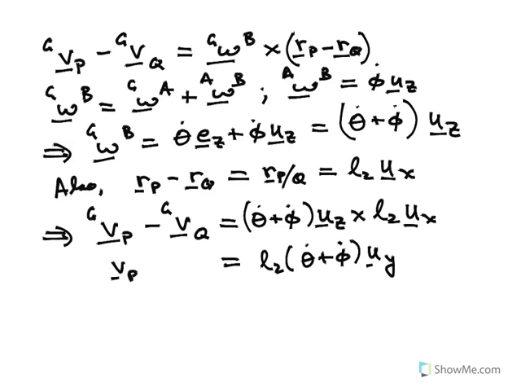So the velocity of point P in G minus the velocity of point Q in G is equal to L2 times theta dot plus phi dot times uy.